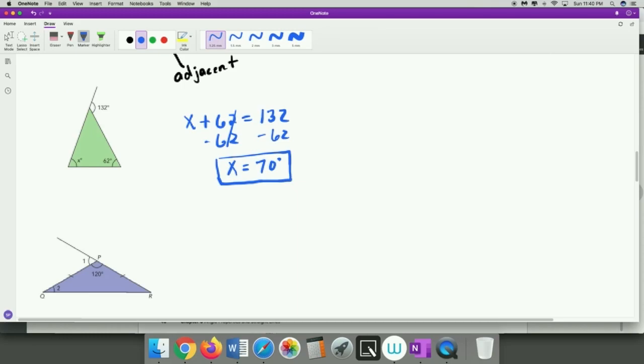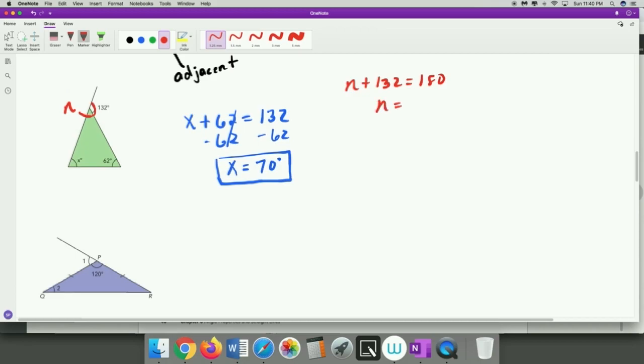Now, another way I could have done this, again, that's a short way to do it. Another way is I could do it the long way. I could say, well, let's call this angle right here n, right? And hopefully you recognize that n and this 132 degree angle, this whole thing right here, has to equal 180 degrees. So I could say n plus 132 equals 180. I subtract that 132 from both sides. I wind up with 48.